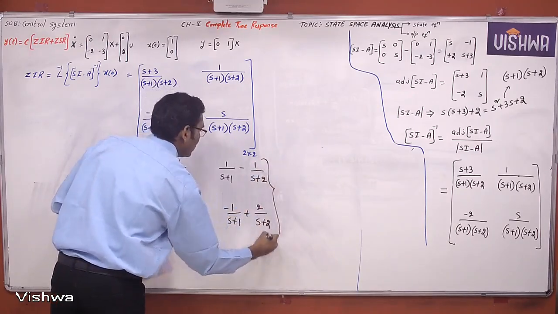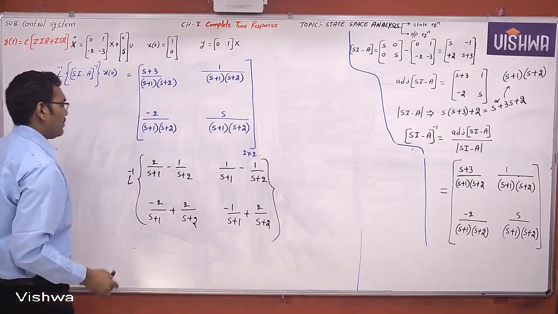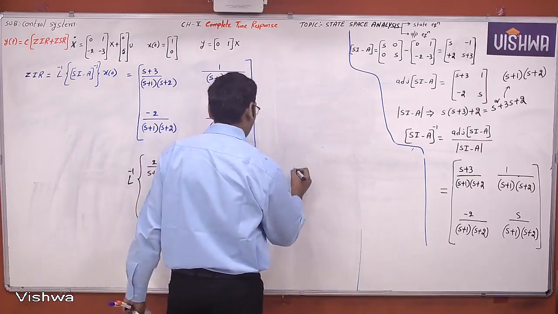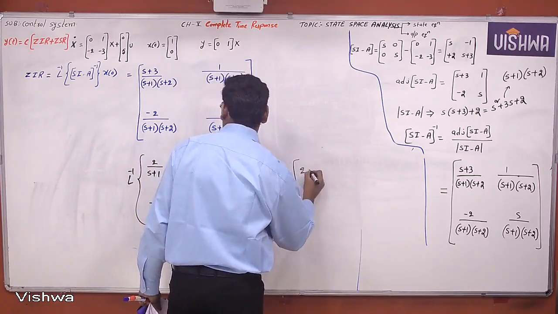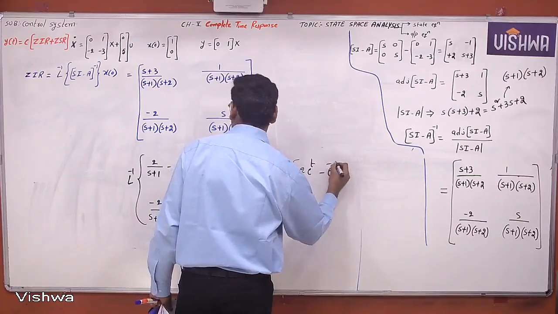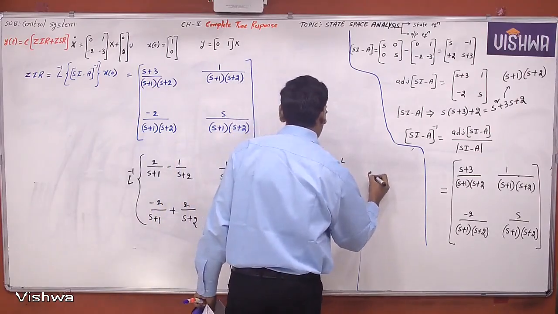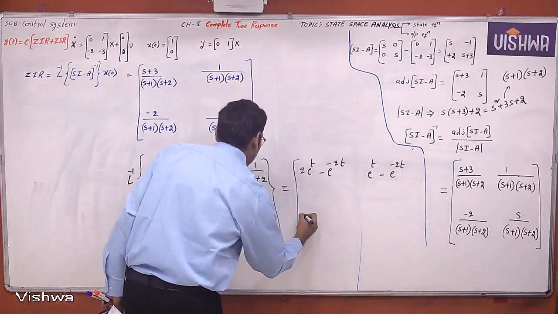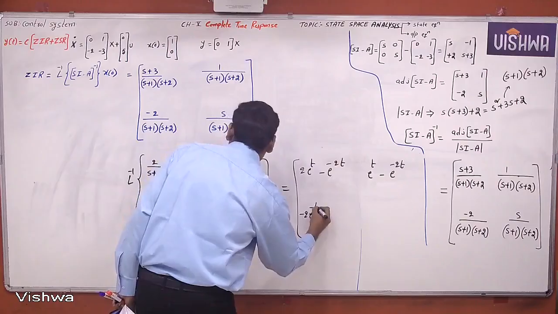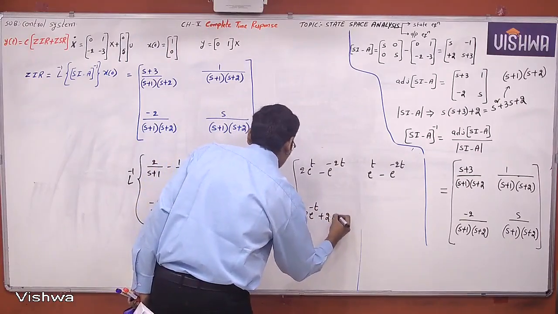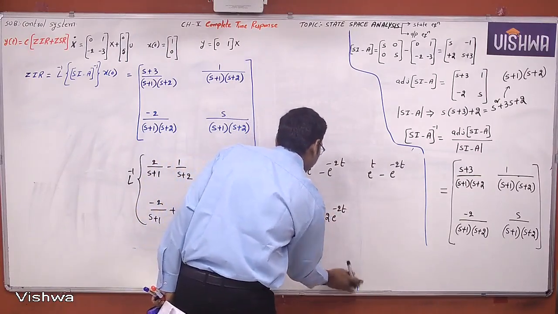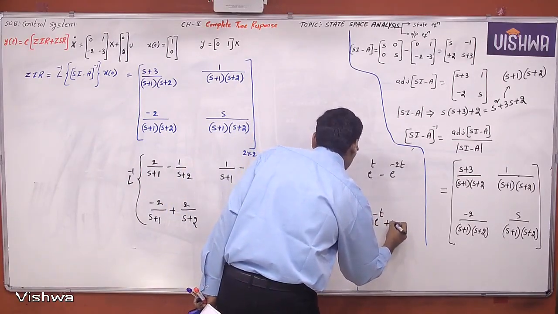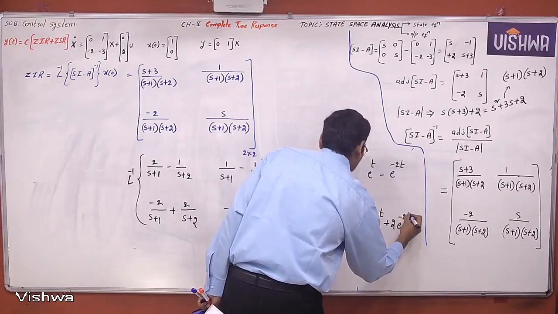Then you apply the inverse Laplace transformation: 2 into e power minus t minus e power minus 2t, e power minus t minus e power minus 2t, minus 2 e power minus t plus 2 e power minus 2t, and minus e power minus t plus 2 e power minus 2t.